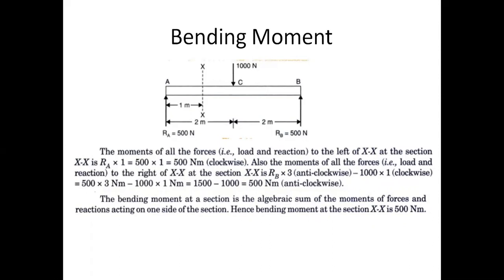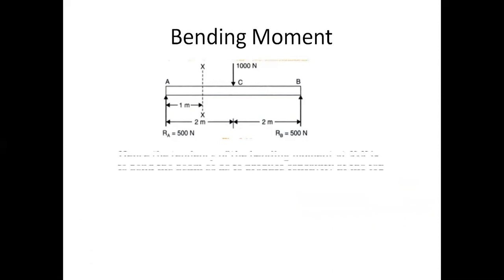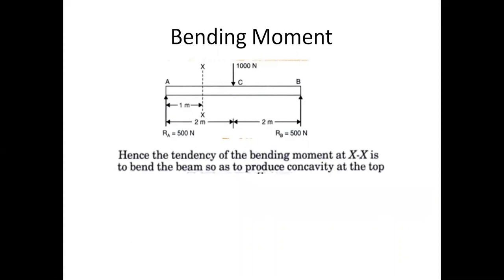Hence, the tendency of the bending moment at the XX section is to bend the beam and produce concavity on the top. For example, you see here how this is creating a clockwise moment. On the left hand side from A to the XX section, the beam will bend like this, in the clockwise direction.